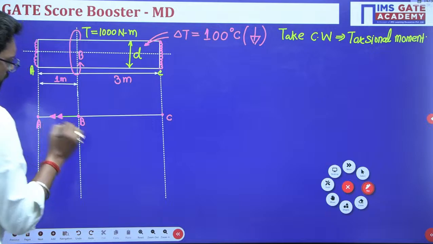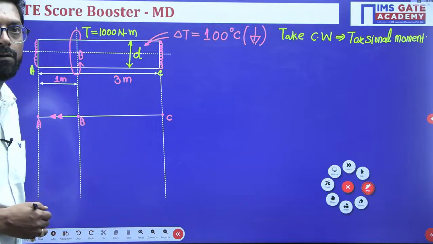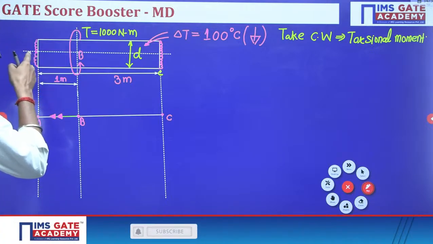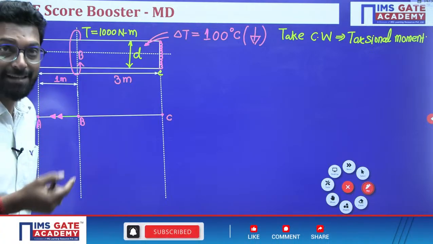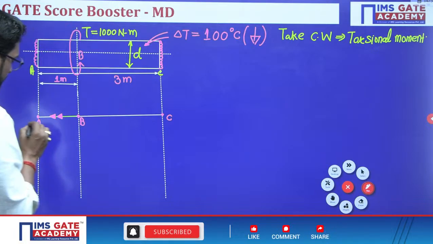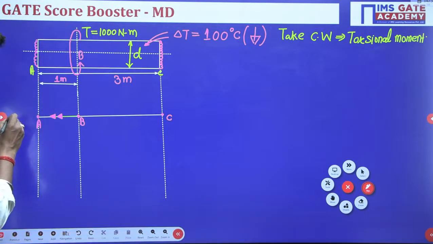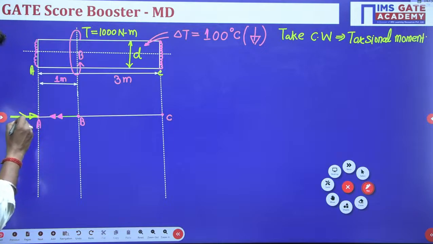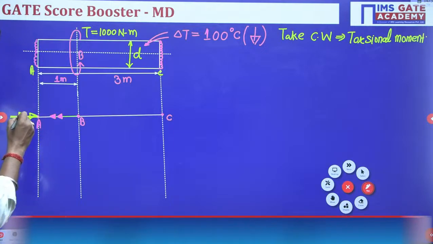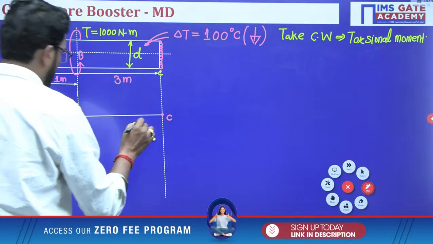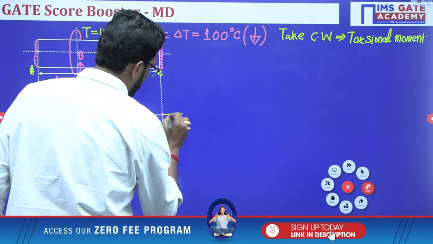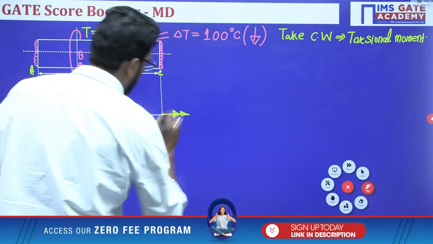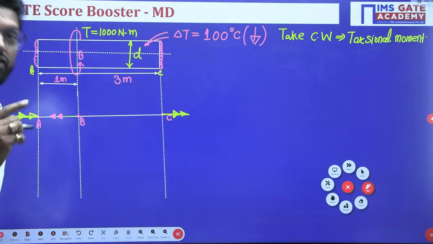Due to this applied torque, at the fixed ends there will be reactive torque, in this direction at this point and in this direction at this point. This is the reactive torque at the fixed end.